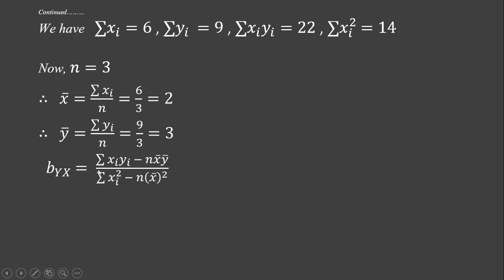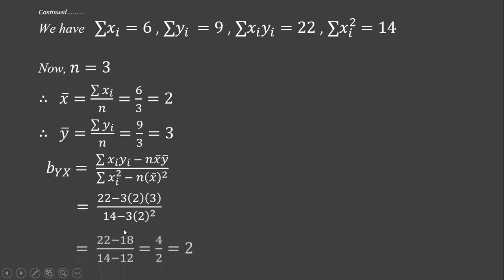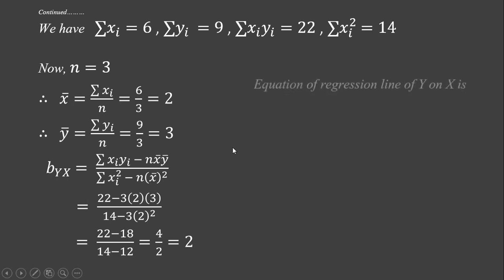We substitute these values in this formula: 22 minus 3 into 2 into 3, that is 18, upon 14 minus 3 into 2 square, which is 4 into 3, 12. So 22 minus 18 we get 4, 14 minus 12 we get 2, 4 upon 2 is 2. So we get the value of regression coefficient byx equal to 2.